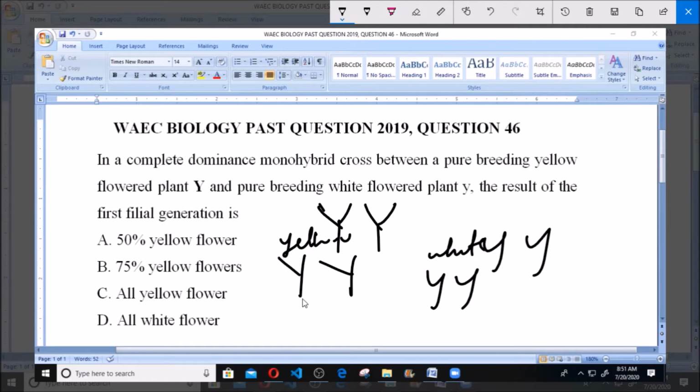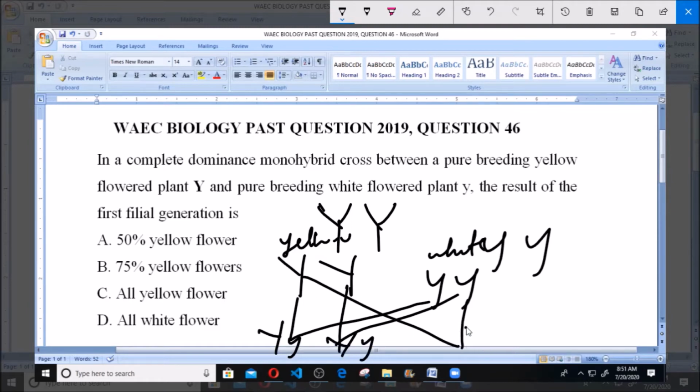So if you draw your diagram, you have something like this: Yy, Yy, Yy, Yy. Now if you notice, this is the first filial generation.